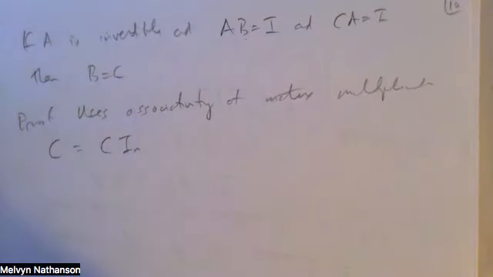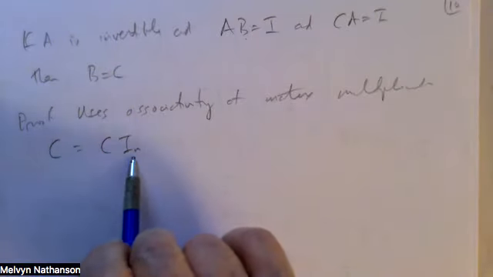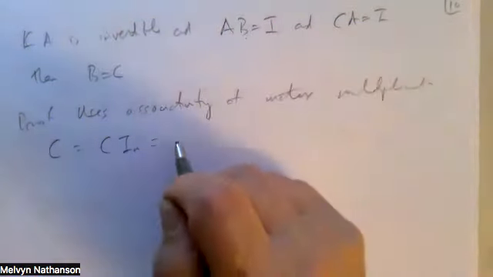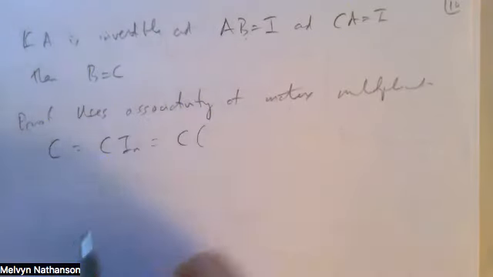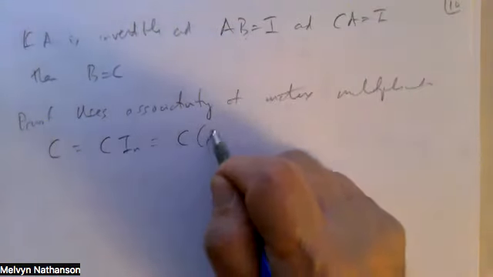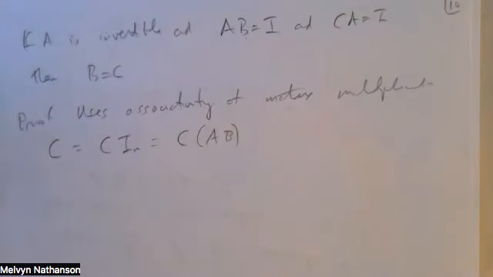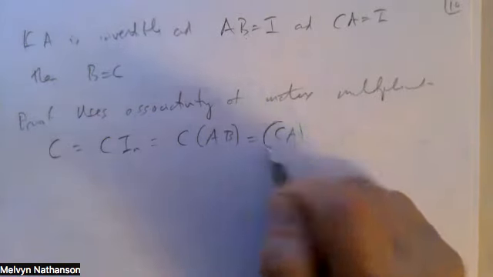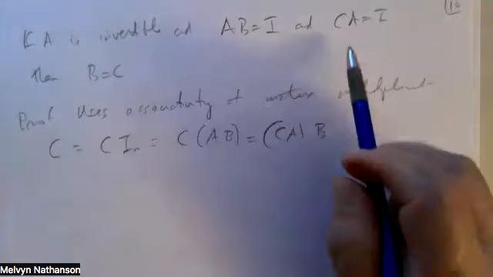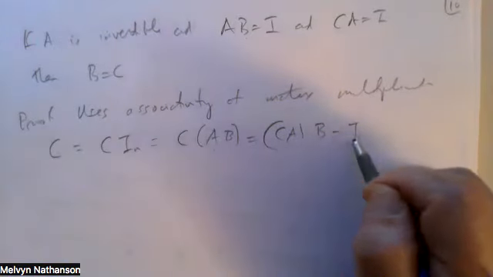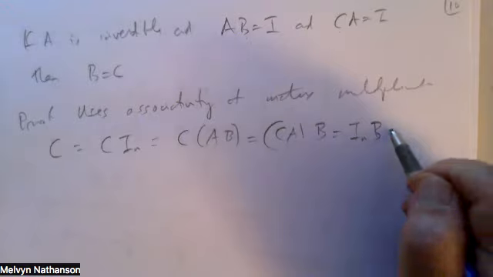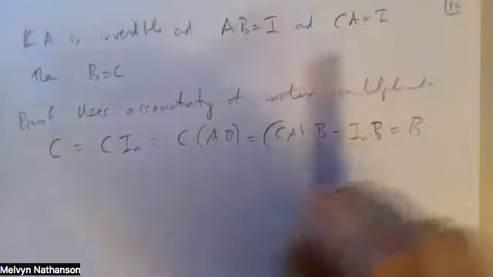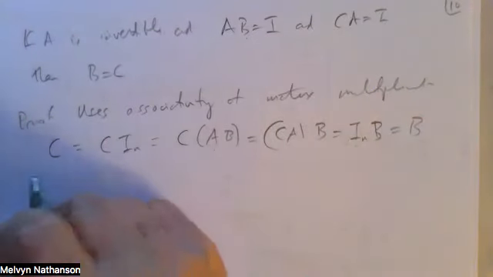These are n by n matrices, and multiplying any matrix by the identity just gives you back the matrix. But the identity is A times B. And by associativity, C times AB is the same as CA times B. But CA is the identity, and the identity times B is B. So if AB is the identity and CA is the identity, B has to equal C.